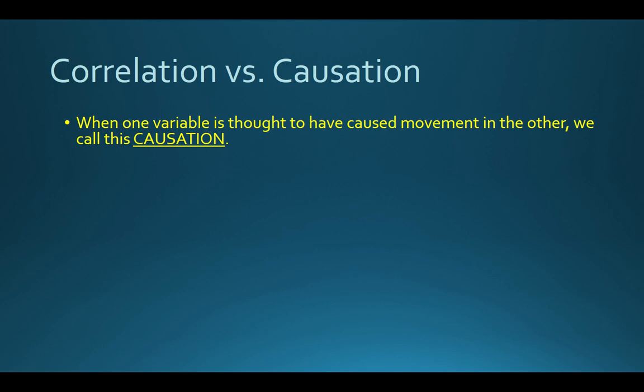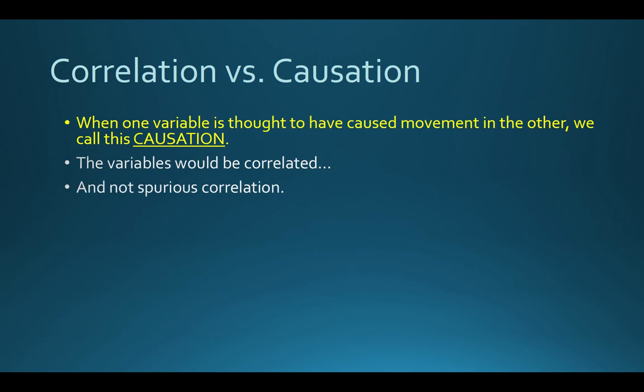But when one variable is thought to have caused movement in the other, then we call that causation. So the variables would be correlated, and then we wouldn't call this a spurious correlation. If there's a causation story, then clearly we have a correlation and it's not spurious, because one thing causes the other, right?